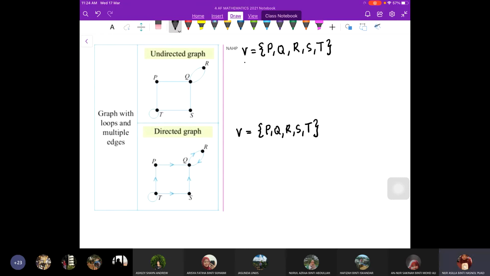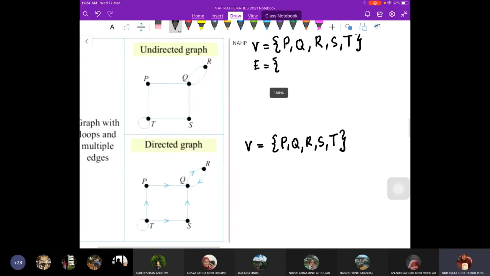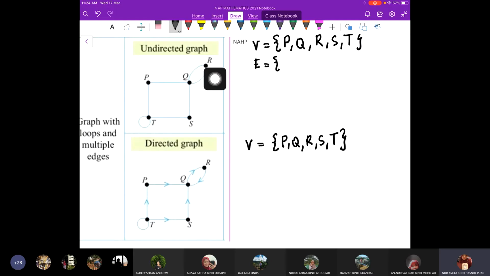Okay, now edges. So there's a difference. So edges, kita ada multiple edges dekat R dan Q. Kita ada loop dekat T. Okay, so kita tulis loop dulu. T, T. Kan, kita tulis loop. And then multiple edges. R, Q, R, Q. Mesti 2 kali.